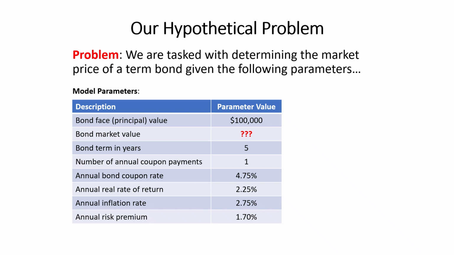Now, the risk premium: we're going to value a term bond that is defaultable. Treasuries are not defaultable. The Treasury can always print money to pay you back the principal, dollar for dollar. But in the case of a corporate bond, the bond is defaultable, which means that the corporation can go belly up, stop making coupon payments, and never make their principal payment.